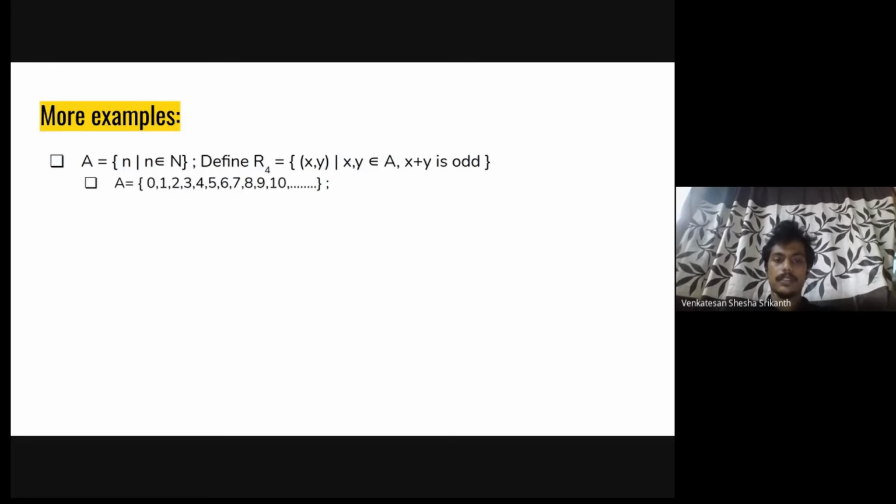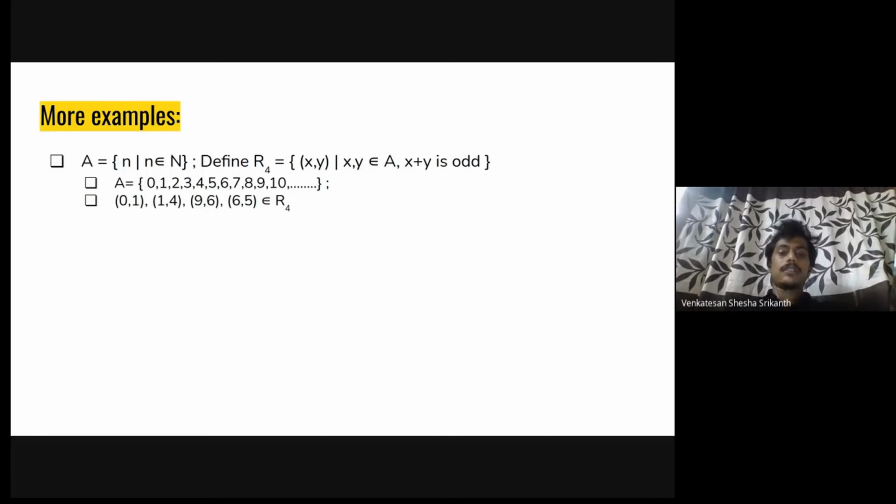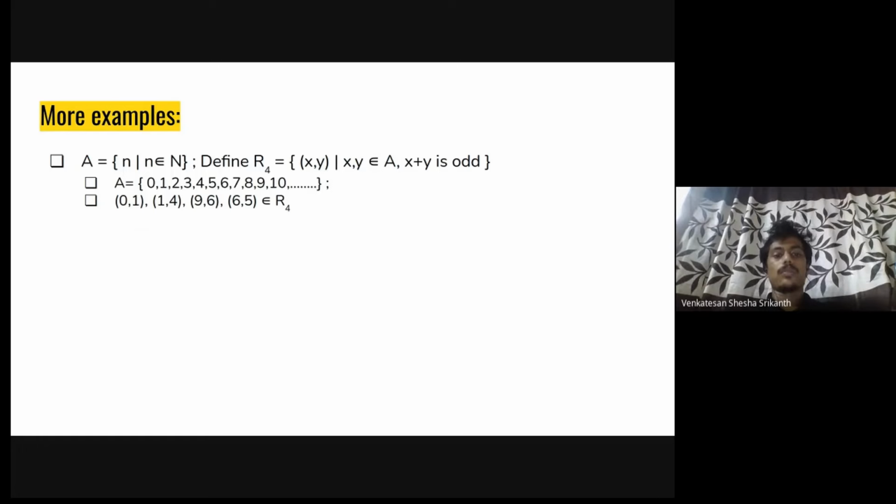What elements are contained in R4? (0, 1) will be in my R4, yes, because 0 plus 1 is odd. Will (1, 4) be in my R4? Yes, 4 plus 1 is 5. Likewise 9 plus 6 is odd, and 6 plus 5 is odd. So these types of elements will be in our R4.